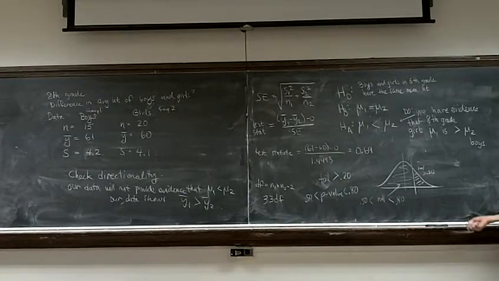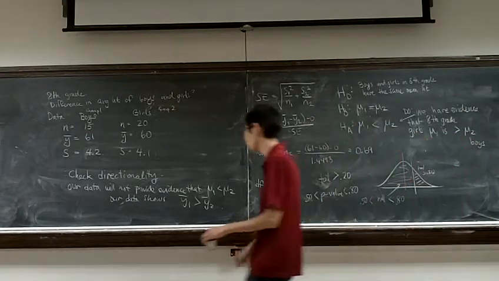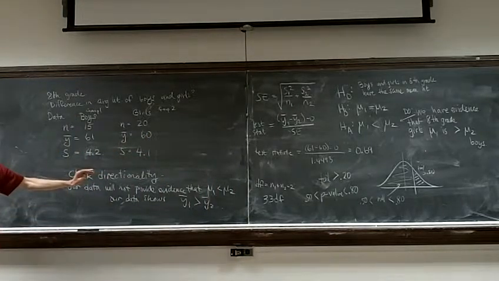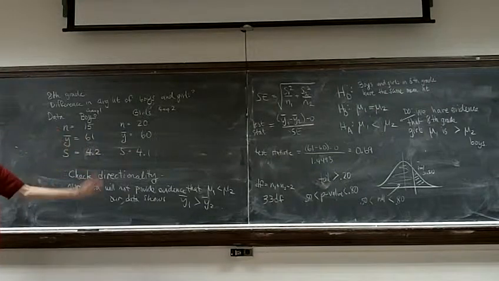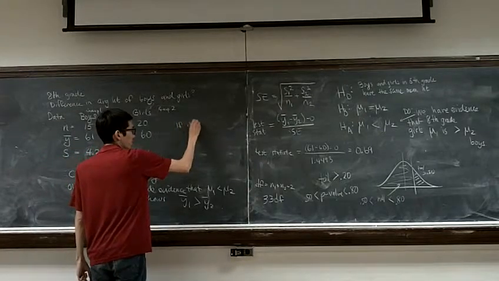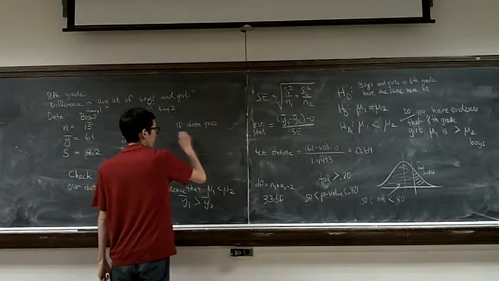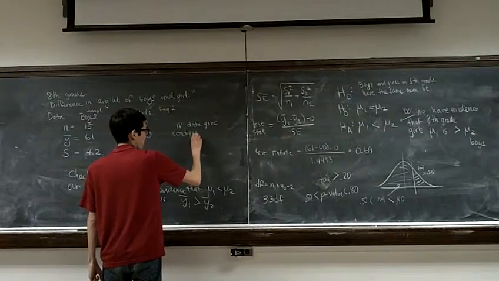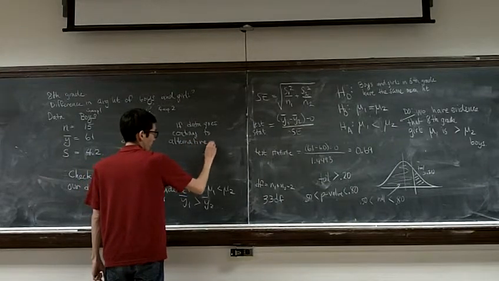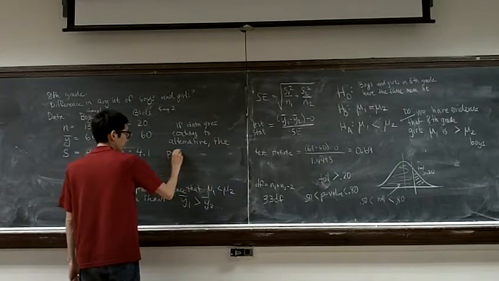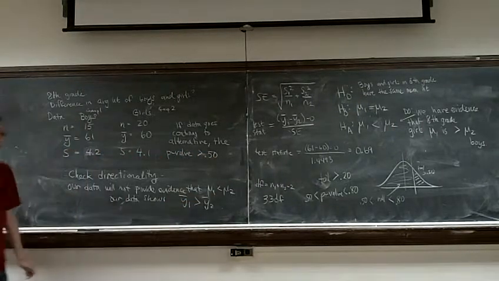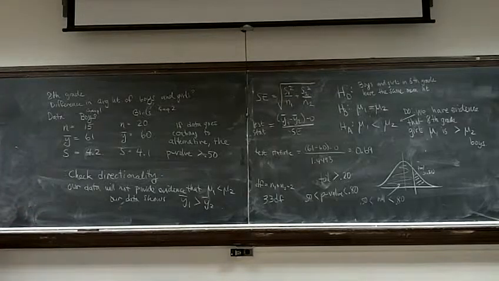That's another shortcut. If your data goes contrary to the alternative, then your p-value, whatever it is, for sure is going to be over 50%, and you will not have any evidence to support the alternative.